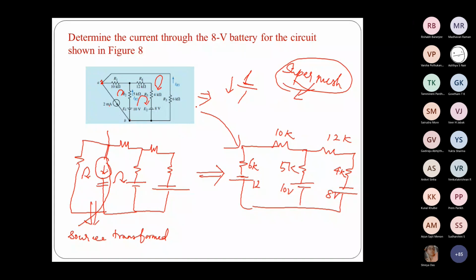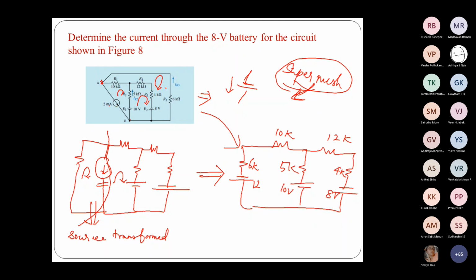So if I have a current source in a given network, how do I write the voltage equation? For this particular network, we are able to convert the current source into a voltage source. If some networks can't be done this way, then I have to go for super mesh. We'll write the current equation for that particular current source, neglect the current source and consider the other loads. We have the procedure and will discuss it in the next class.